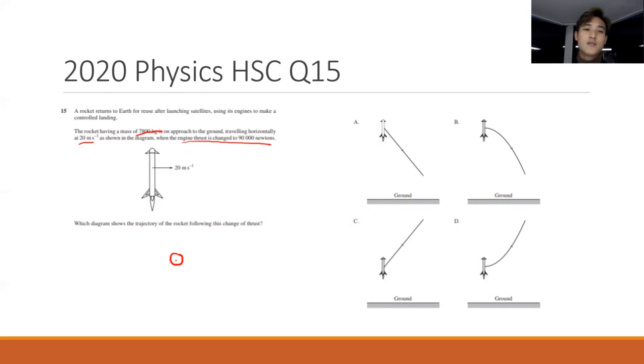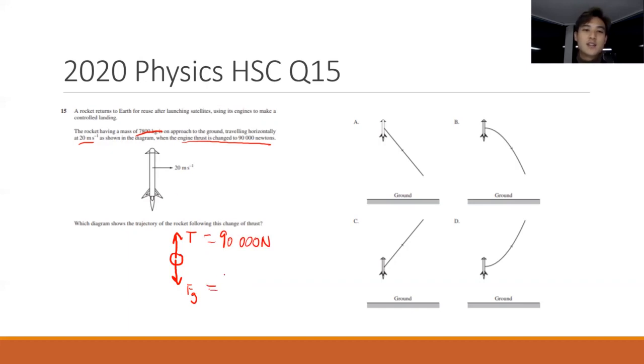And now for any object that's close to Earth, it's going to have a gravitational force. Now we know that the thrust is going to be up the page. So we must first determine what are the sizes of both. And thankfully, we got the thrust given.